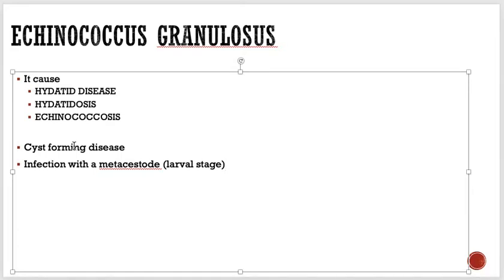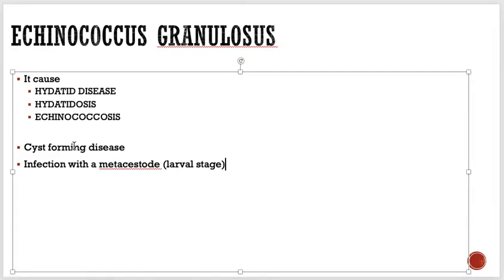Five species have been characterized until today, and the vast majority of the human disease is from Echinococcus granulosus and Echinococcus multilocularis, right?